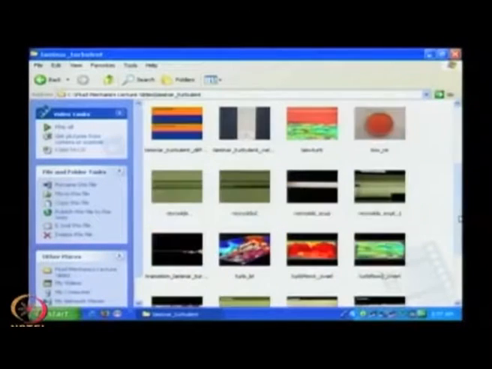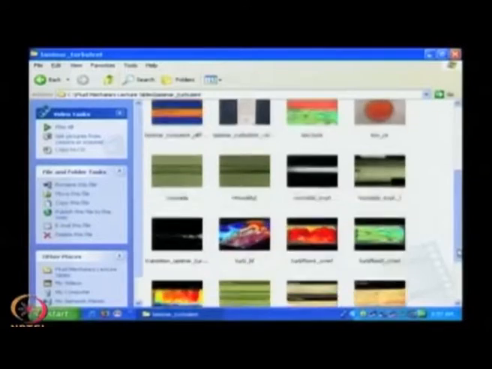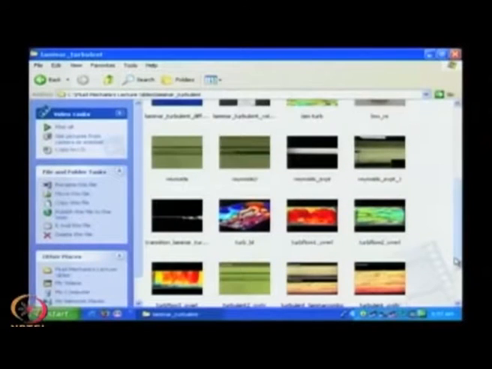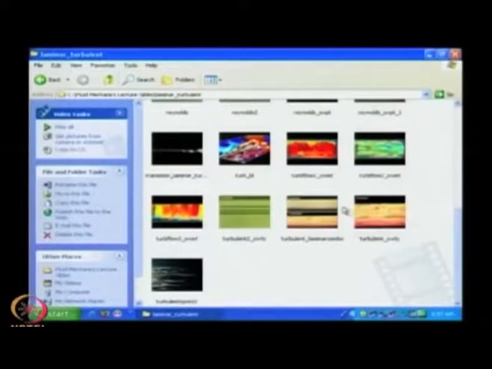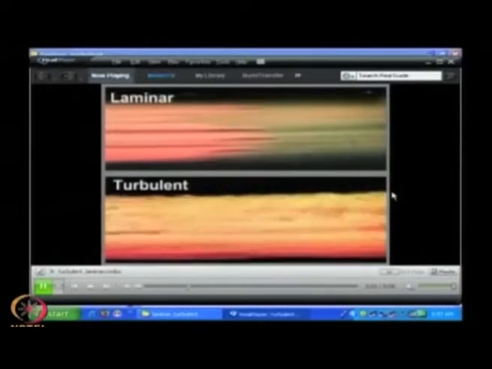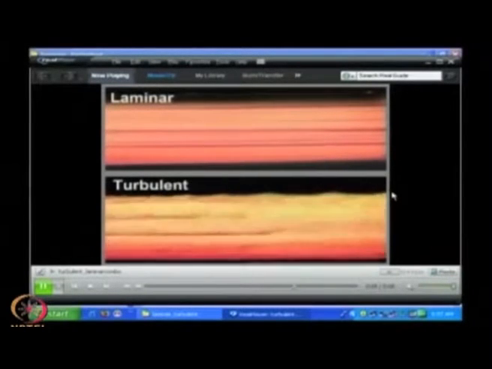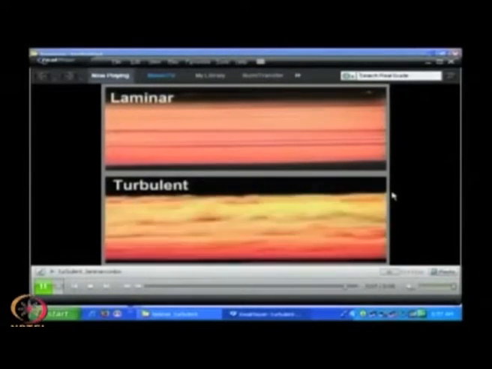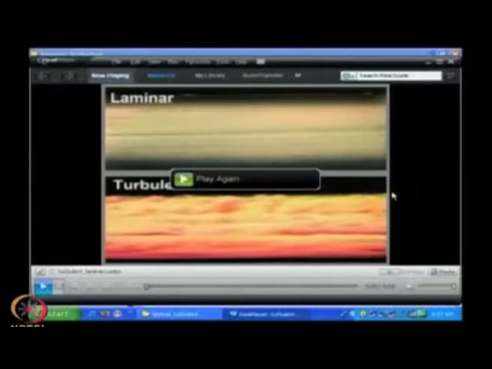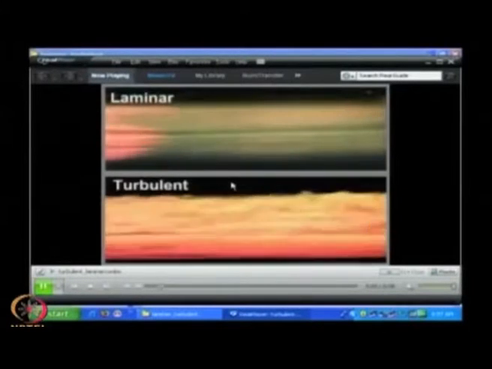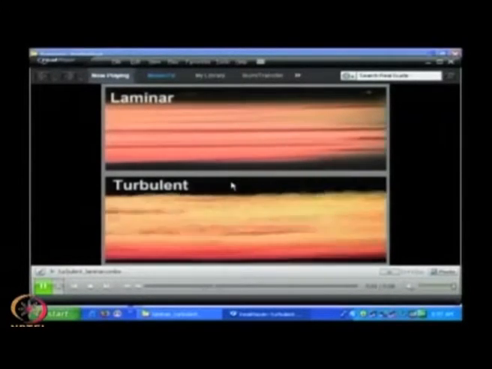If you have a laminar flow and a turbulent flow, the characteristics are somewhat different, and let us look into an overlay of the laminar and turbulent flow to appreciate that. Just try to develop this qualitative picture, because any mathematical description should not be devoid of the physical and qualitative picture. Let us just play it again, see the difference between the laminar and the turbulent.